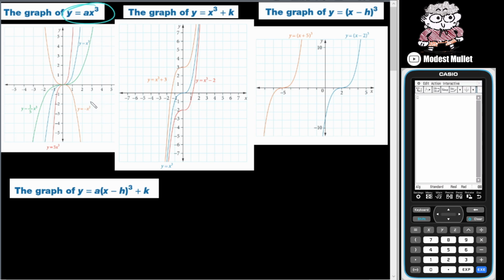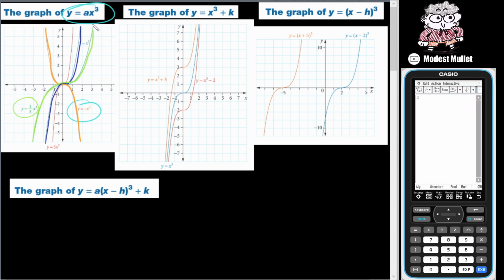We can see in this graph that if we have a negative in front, this reverses and it comes down, point of inflection, and goes onwards like that. If we have a positive, it is up like so, point of inflection, and keeps going. And then if we put a coefficient, which the green line is showing, if we have a fraction less than 1, we get a bit of a dilation going on, stretching it.